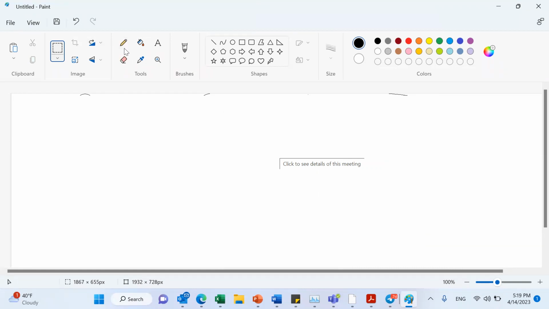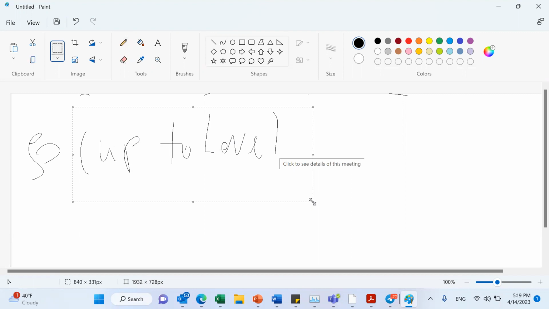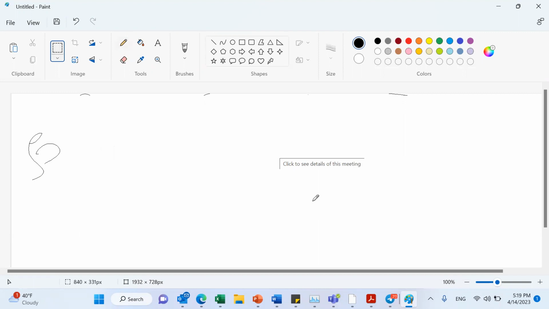So as I said, your base stock, your up to level, has different components.